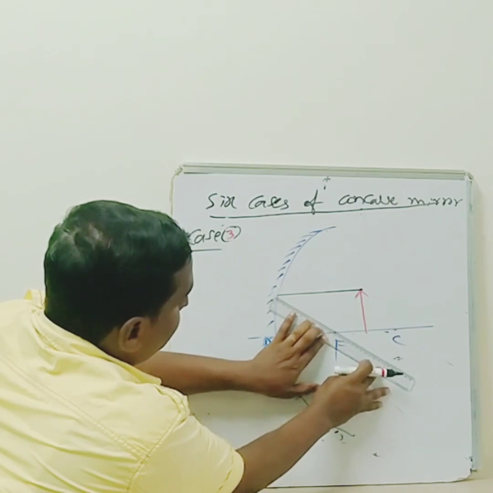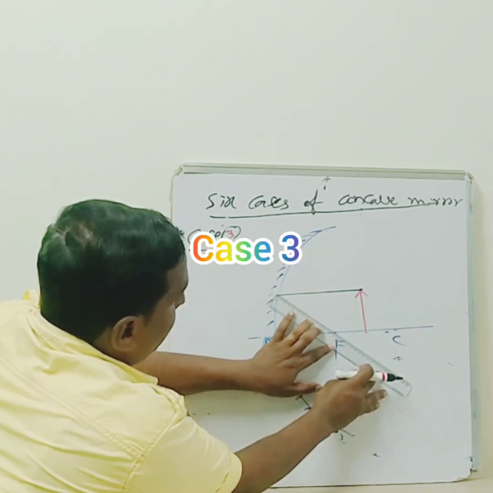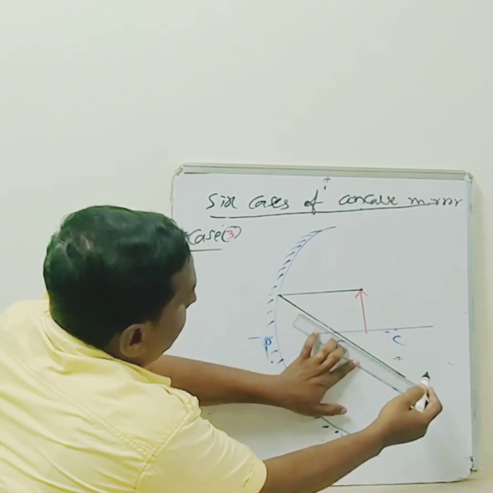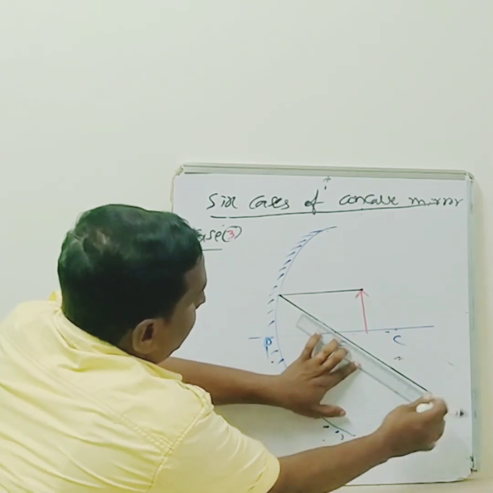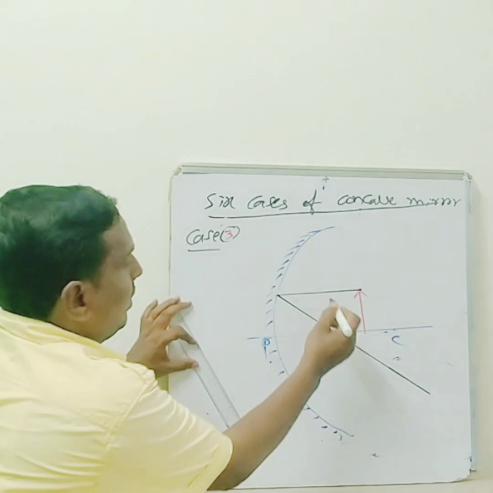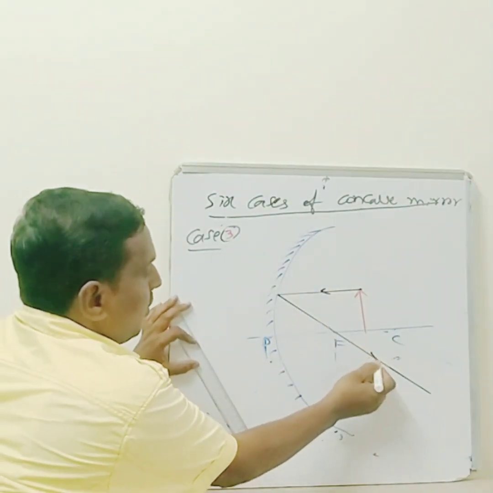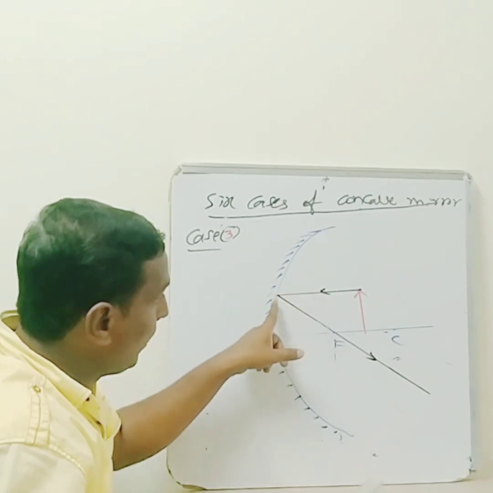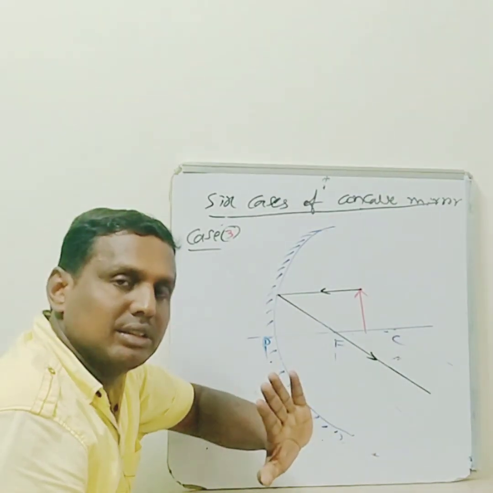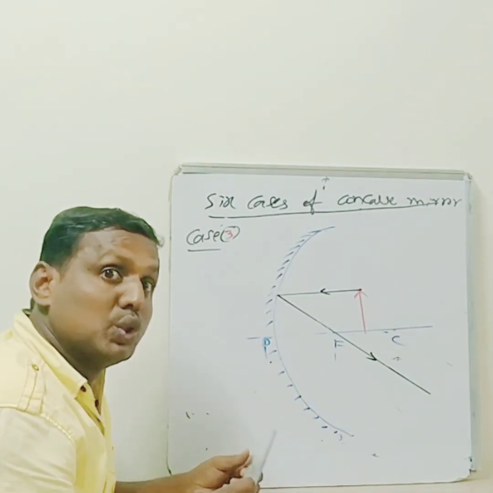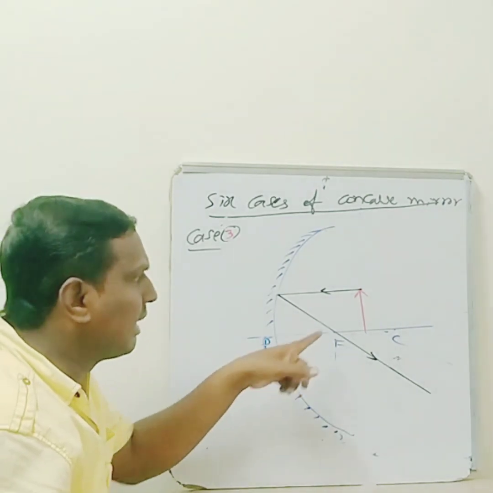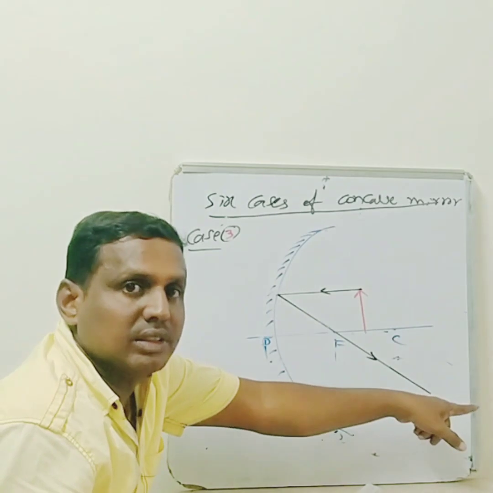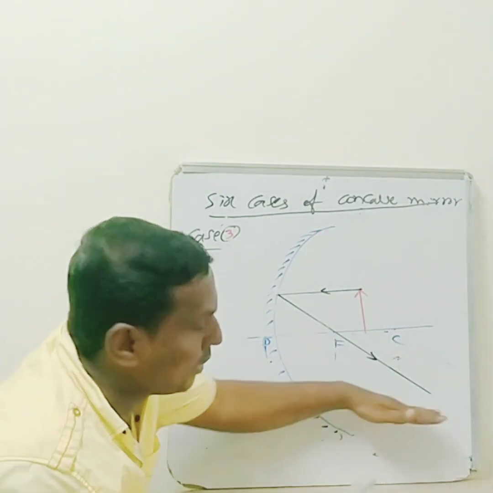Clear? This is rule 1. When the light ray travels parallel to the principal axis, after reflection it passes through the focus. Next we want rule 2. What is rule 2? When the light ray passes through the focus, after reflection it travels parallel to the principal axis.